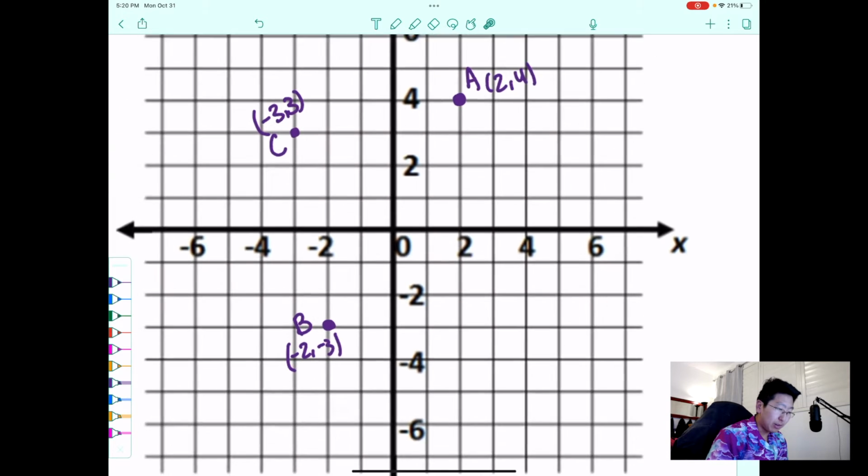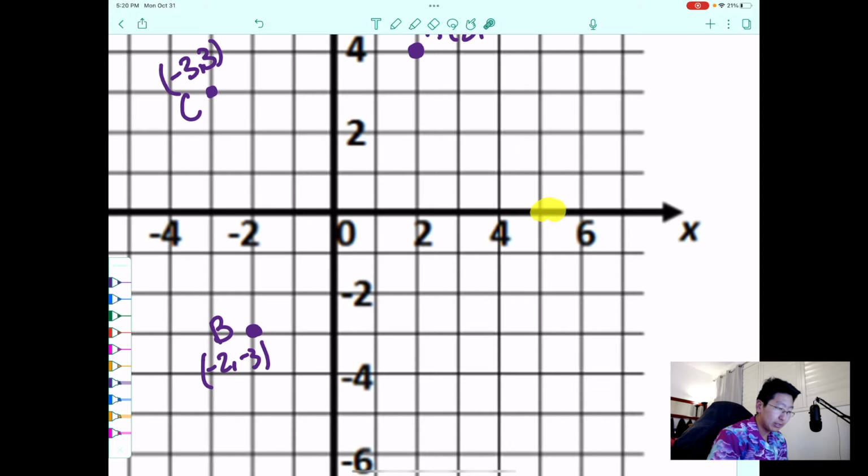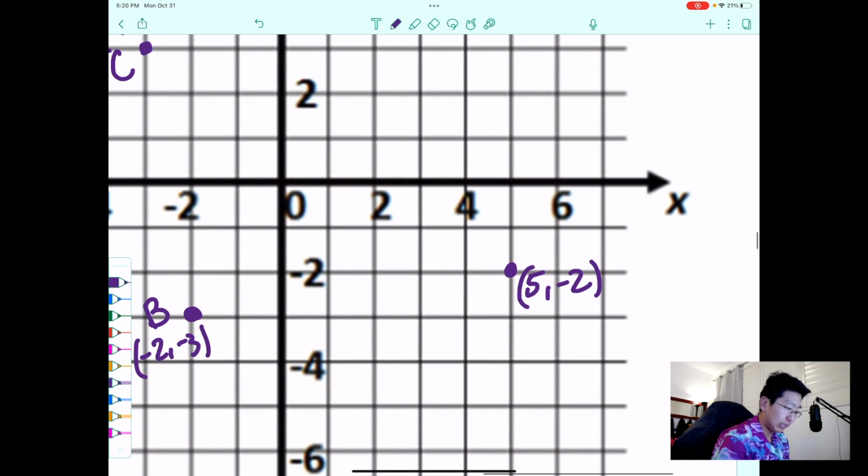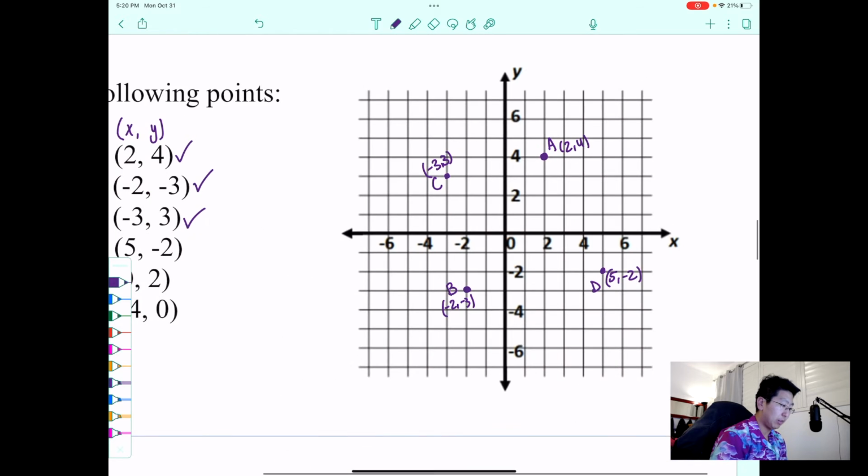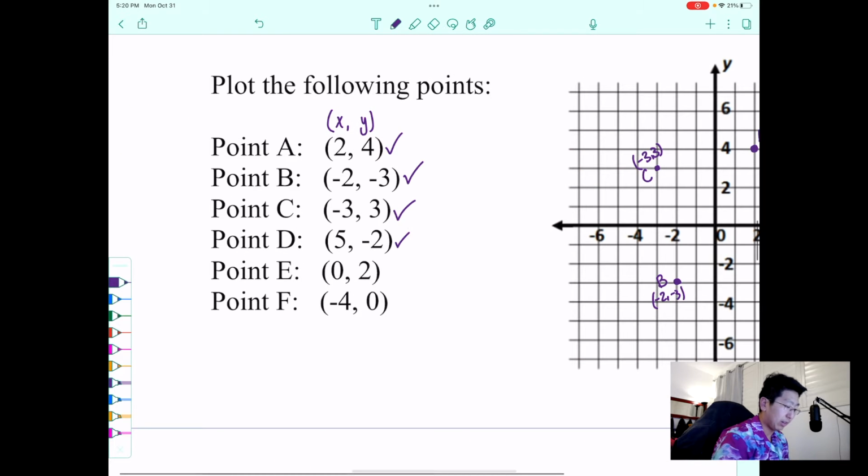And so I'm going to go ahead and find 5 on my x-axis and -2 on my y-axis. Where do those two meet? Right here. So I'm going to go ahead and plot my point right here. (5, -2). And this is point D.